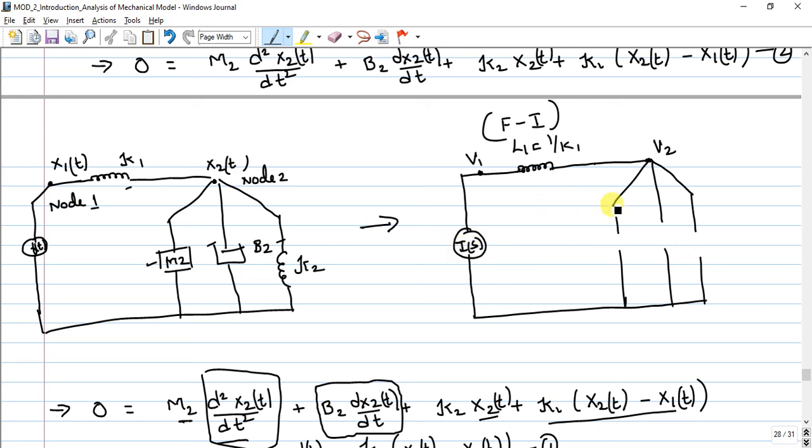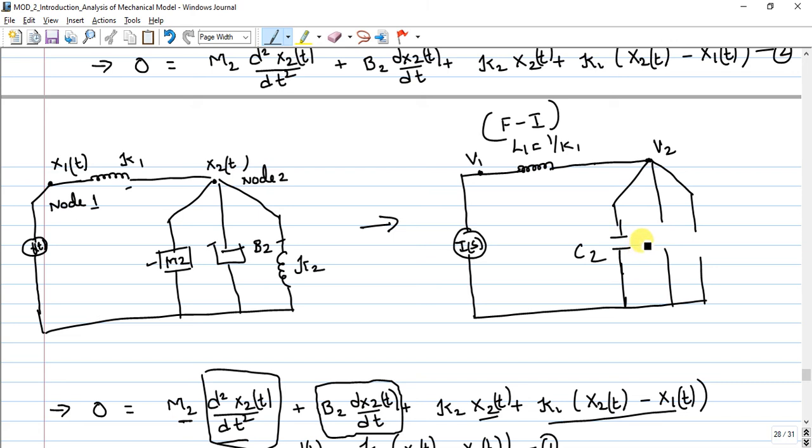Next, mass will be replaced by inductance, that is L2. Oh, sorry. Mass we will replace by C. Let me rewrite. Mass will be replaced by C2.